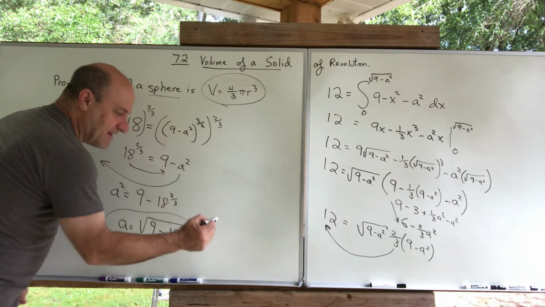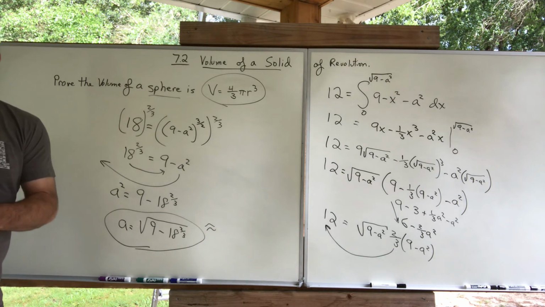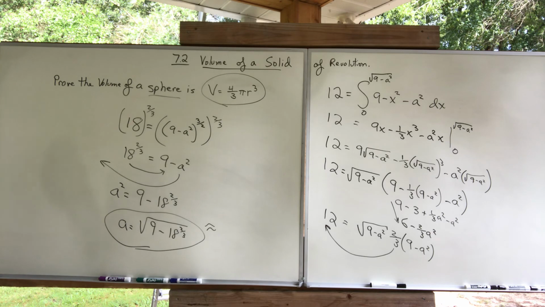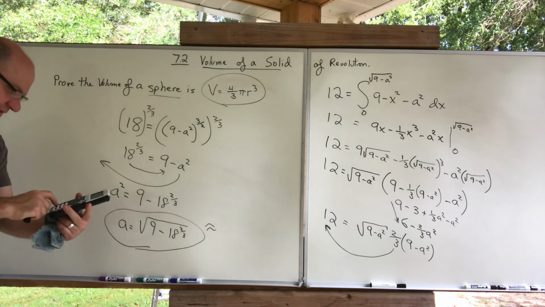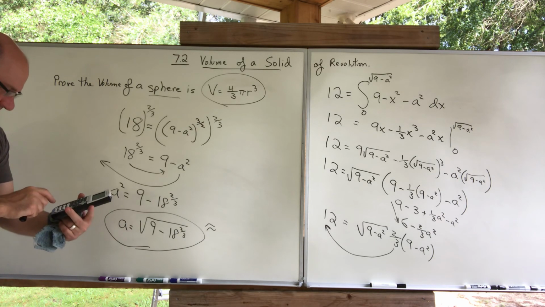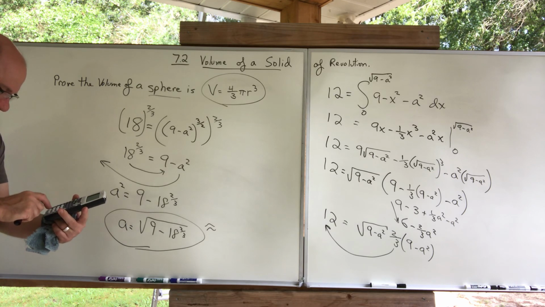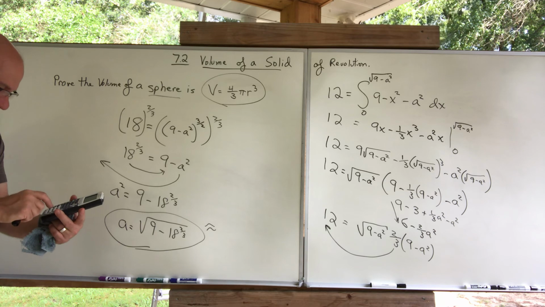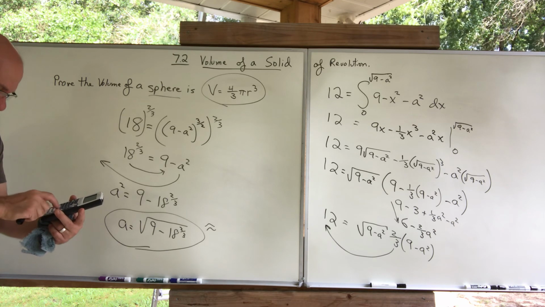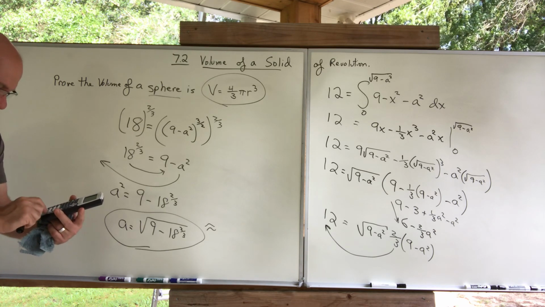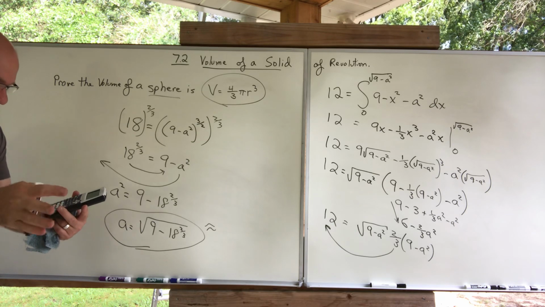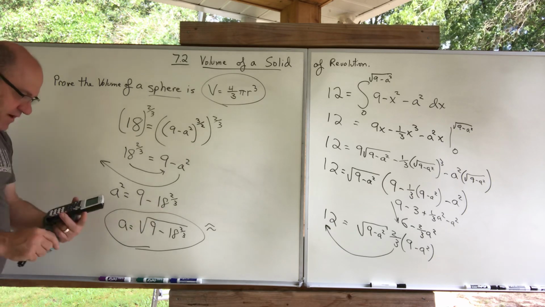What is that number? I'm going to pick up a calculator and try to find that number. 9 minus 18 raised to the 2/3. That's about a 2.13, and then I need the square root of that.